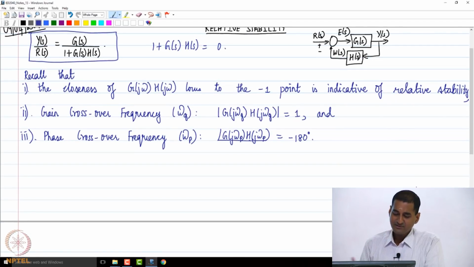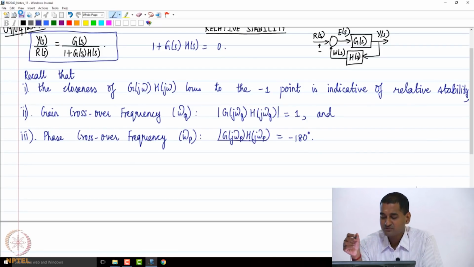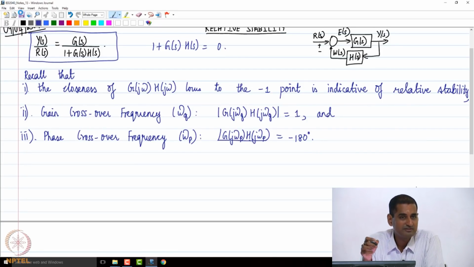In that sense, we defined two terms, the gain crossover frequency and the phase crossover frequency. The gain crossover frequency is the frequency at which the open loop sinusoidal transfer function magnitude becomes 1, in other words, the magnitude of G(j omega)H(j omega) is equal to 1.